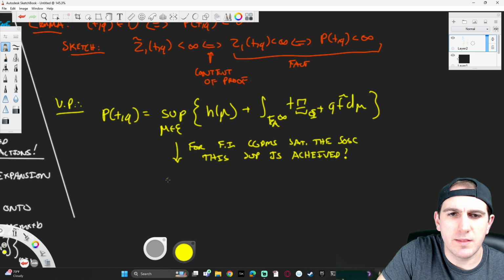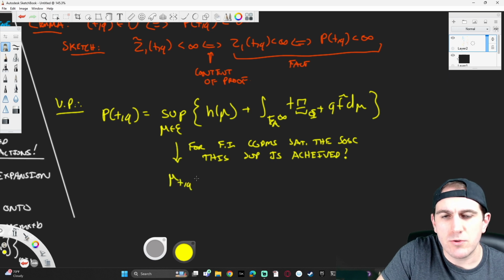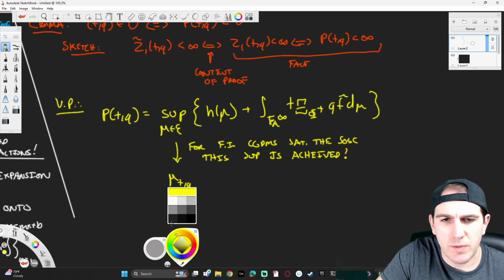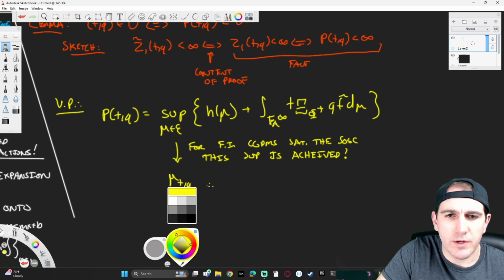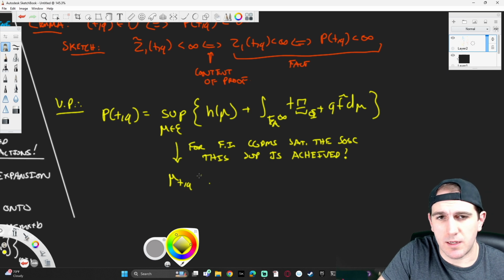And so we call this measure mu tq. In the document, it is mu tq tilde, but for us it will just be mu tq. And we call that an equilibrium state. So there exists mu tq, an equilibrium state.